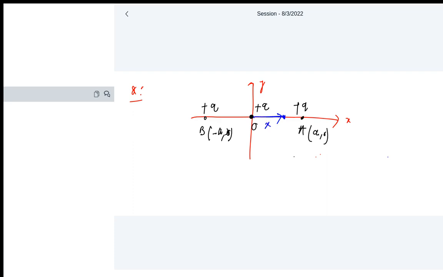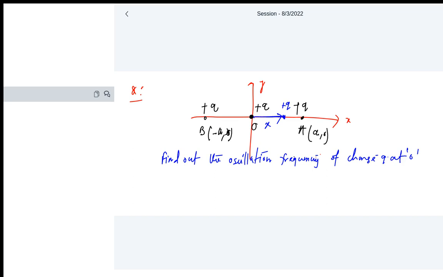As we displace this positive charge, the particle will oscillate like a simple harmonic oscillator. The question is: for this displacement, find the oscillation frequency of charge q.